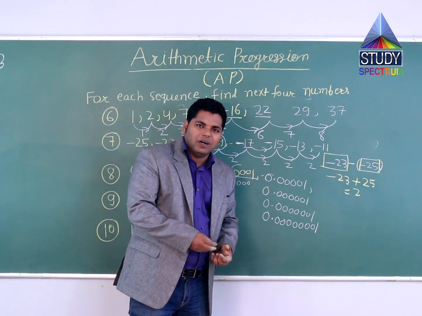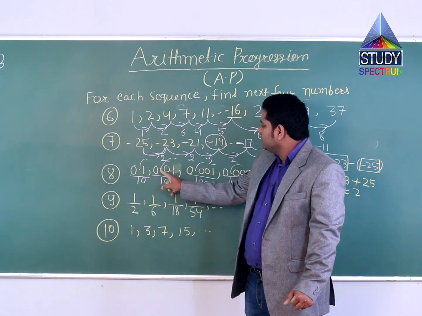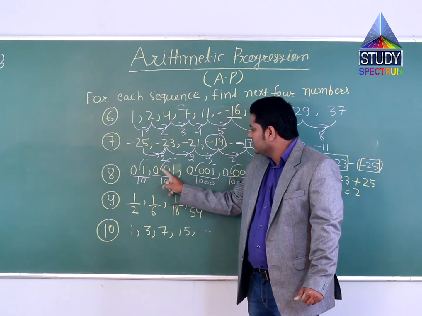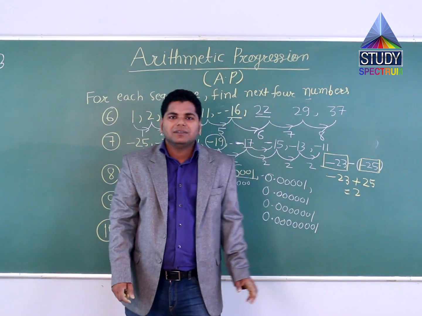So here it is 0.1, 0.01. It means there is no 0 between the decimal and 1. Here it is 1, here it is 2, here it is 3, and so on. Okay.